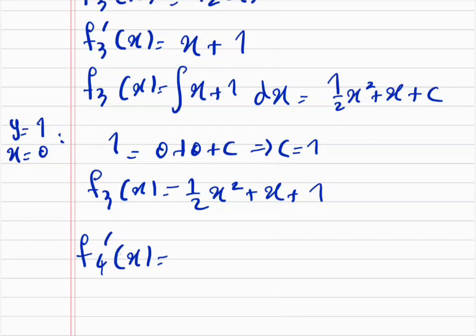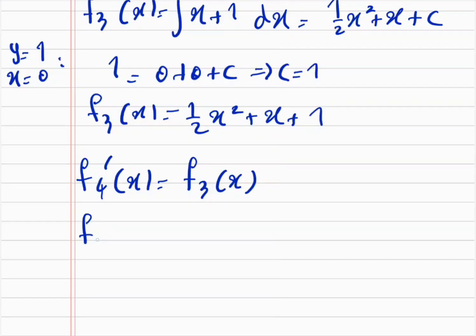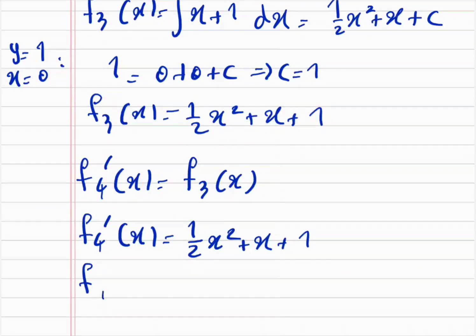We use the relationship that f4'(x) is equal to f3(x). That means f4'(x) is equal to half x squared plus x plus 1, and we just need to integrate that.